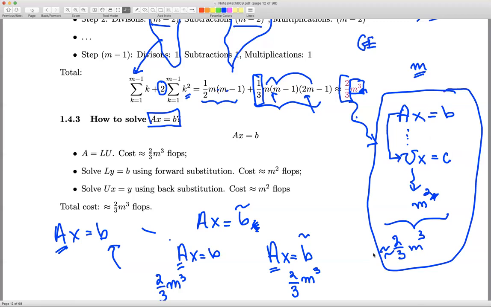Now, what you can do is the following. One can, once and for all, if the matrix A is something that is not changing, make the computation A is equal to L times U. So one can write the LU factorization of the matrix A. And that way, we will have a cost 2 over 3 times m to the third.